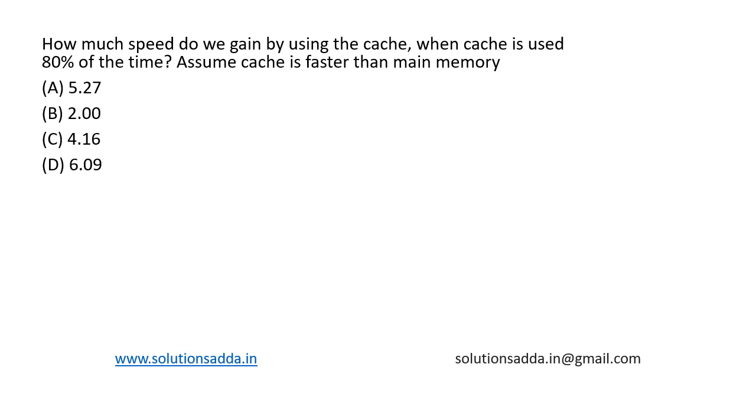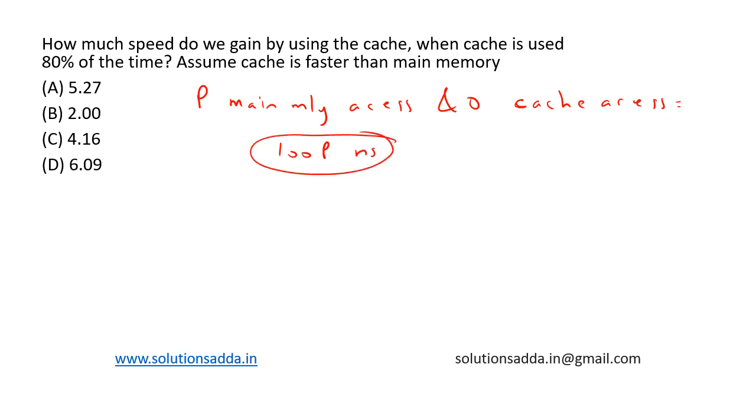Now let's try to find out the answer. So time required without cache, that is, we have P main memory accesses and 0 cache accesses. So we have 100 P nanoseconds.